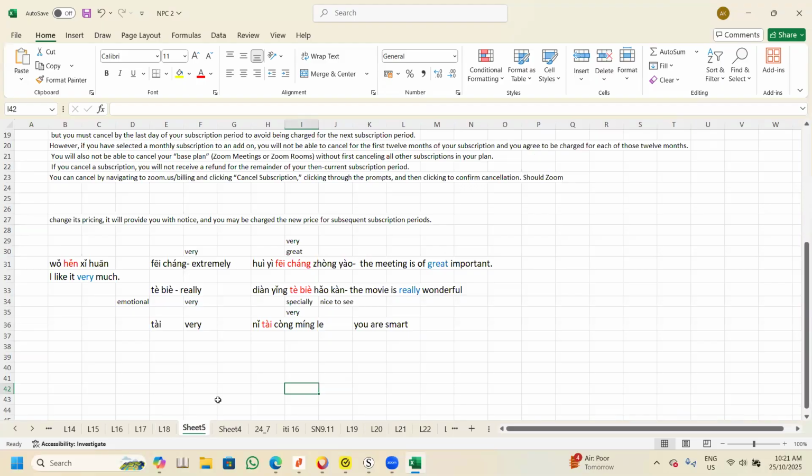One example in Chinese, what do you call it, a syntax. You see this one. Okay, 会议非常重要. You never see the verb to be in English. The Mandarin and the Pali have the same structure. You see, 非常 means very. 重要 means important. 会议 is the meeting.